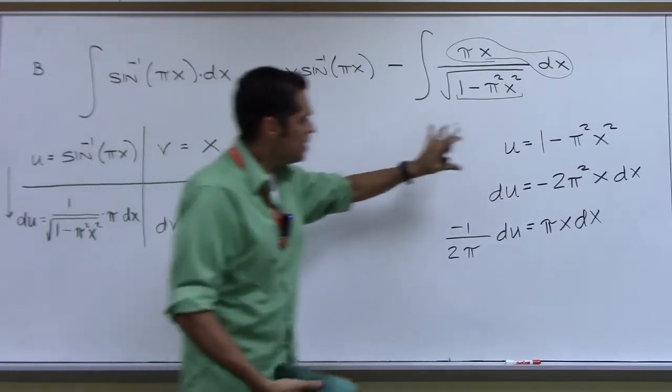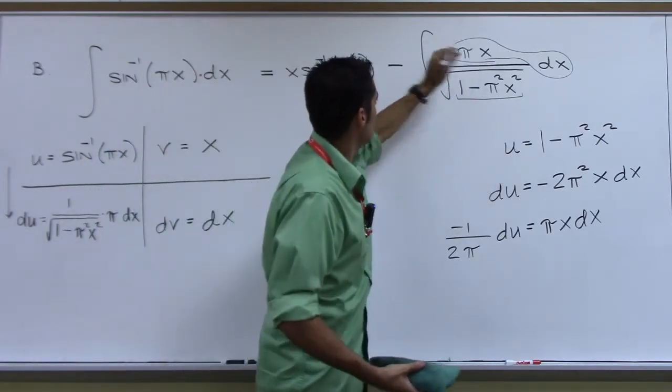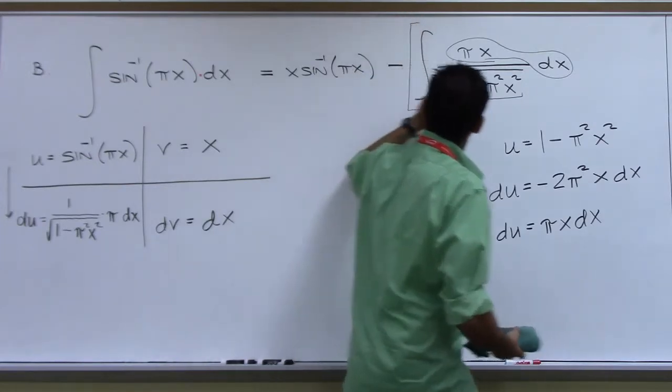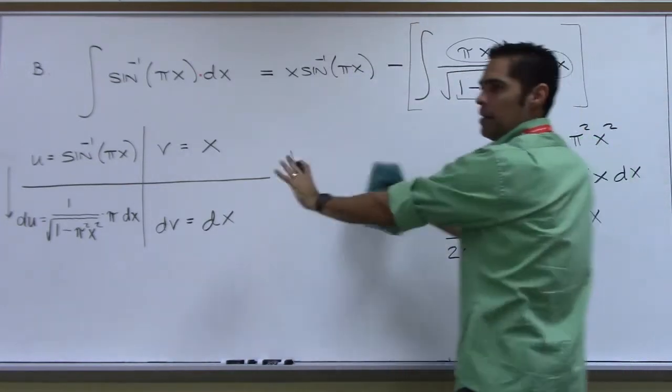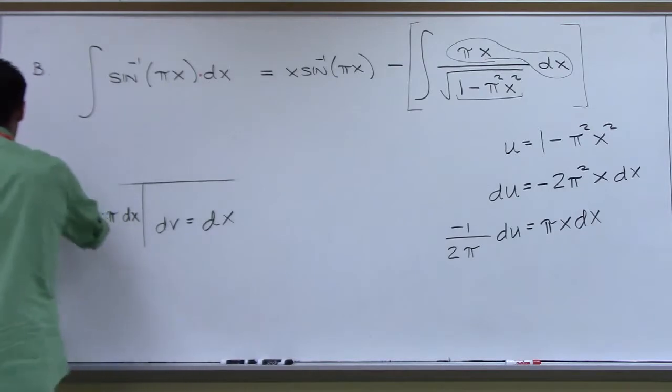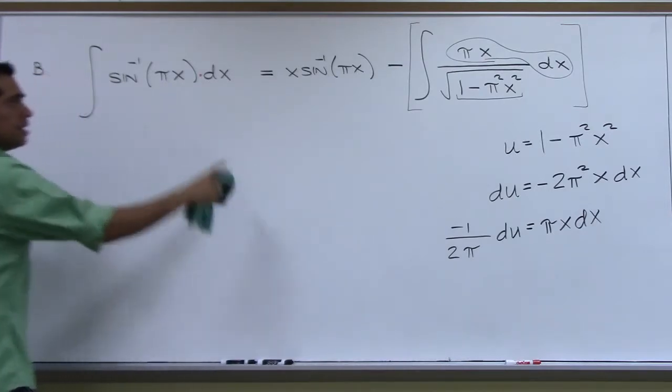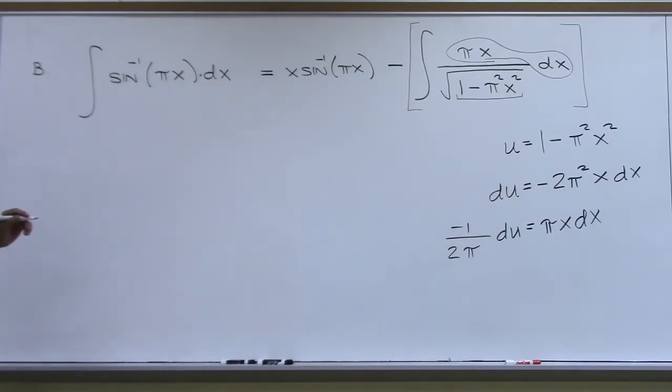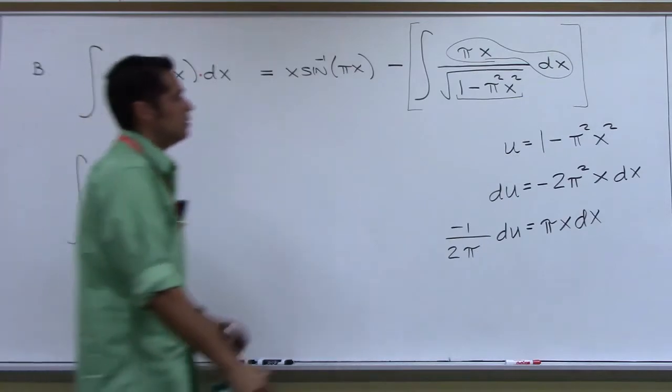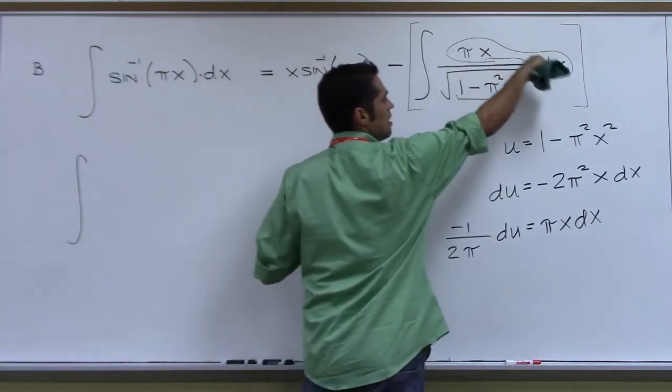So now this one, I'm going to look at this integral, and I'm just going to be looking here, okay? And I'm going to do that right here. I'm just going to finish that, what's in the brackets right here. What's in the brackets becomes what? Integral. So all this is going to be part of this, right?